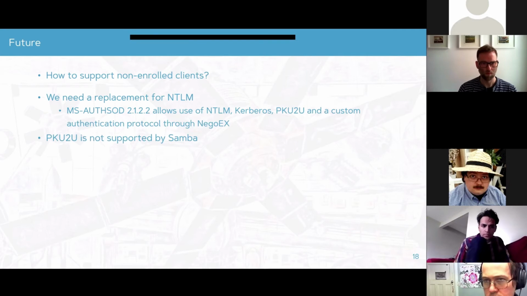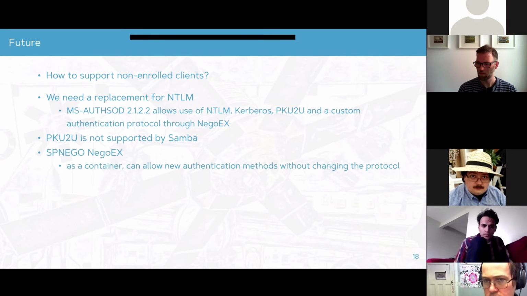I think Heimdal has support for this one, but doesn't really see any practical use of it in, at least, open source implementations. MIT doesn't have support for PKU2U either. And recently, like last year, MIT gained support for the NegoEx extension.